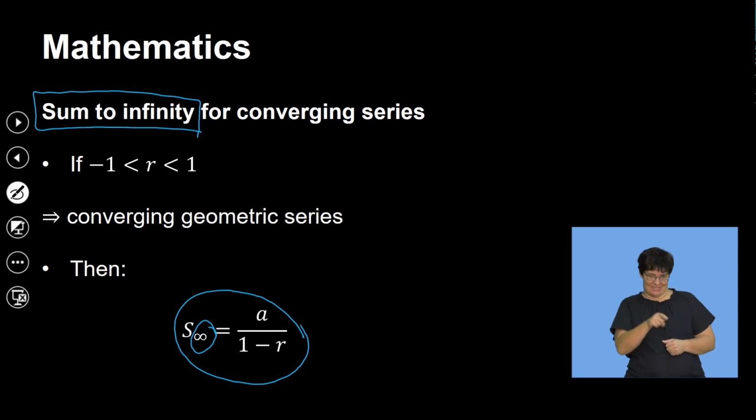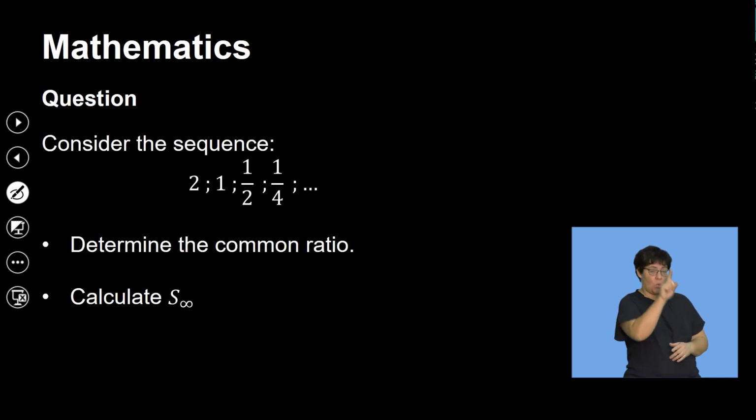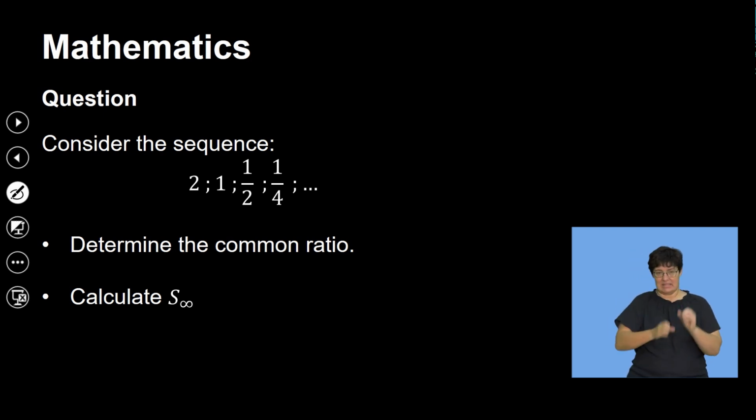But the question will specifically say to you, calculate the sum to infinity. So you don't have to memorize certain things that will tell you whether it's infinity or not. They will tell you specifically in the question. Let's look at some questions with this. Firstly, you need to consider the sequence, right? I have 2, 1, 1/2, and 1/4.